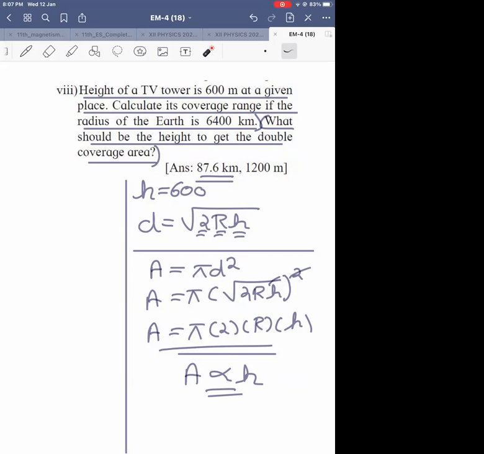Just remember, area is directly proportional to height. That means you'll get the answer. Remember that relation, okay?